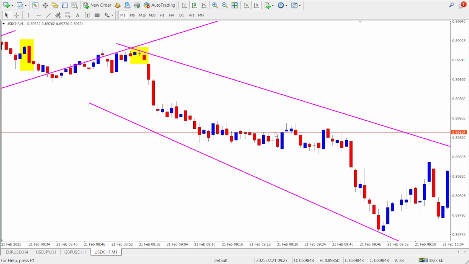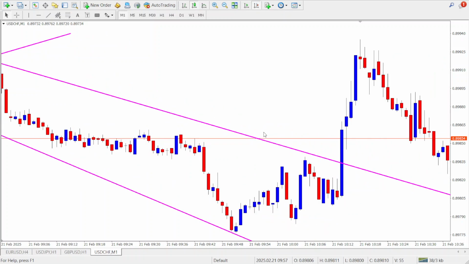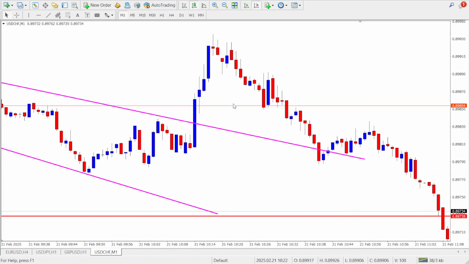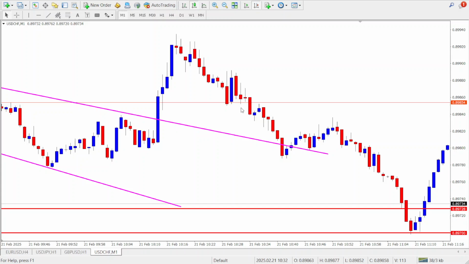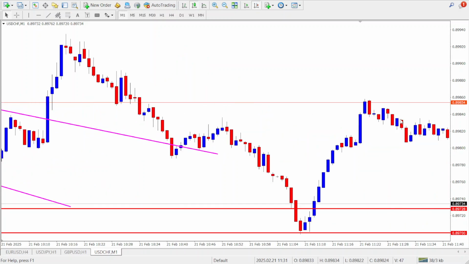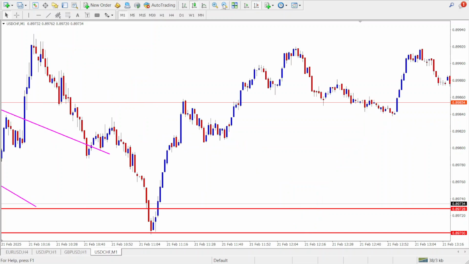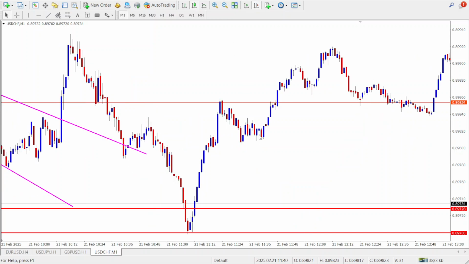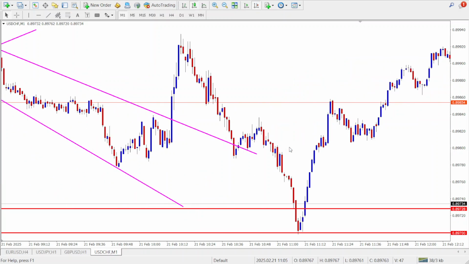As individual traders, we don't have the same resources to move the market, but we can spot where these institutions are placing their orders. How? By looking for areas of liquidity, right? So liquidity is simply where there are enough buy or sell orders to absorb the large trades from institutions.